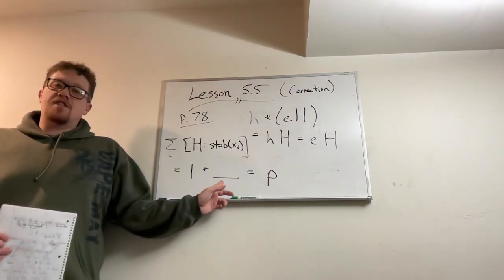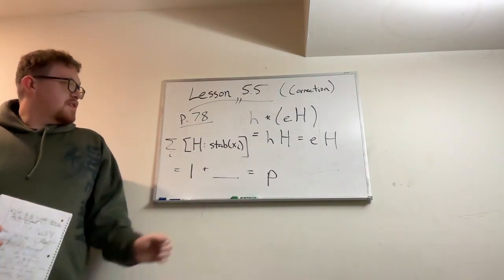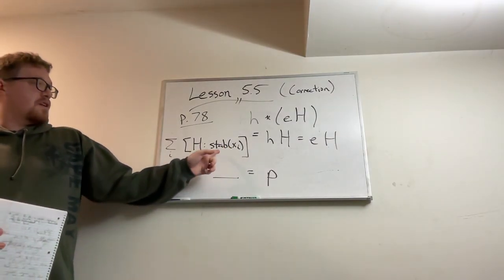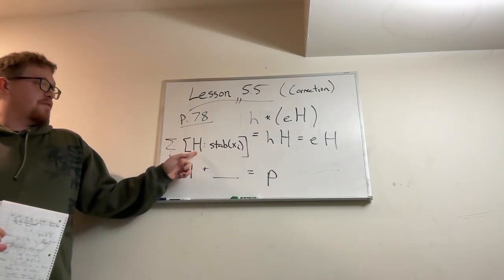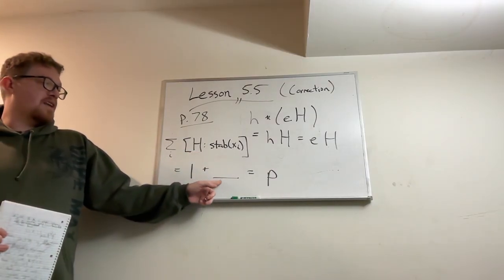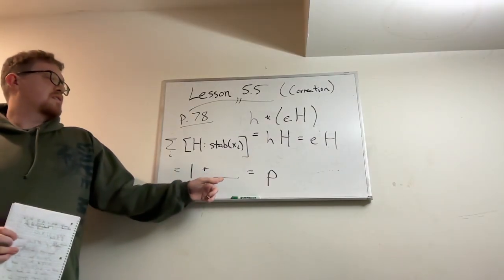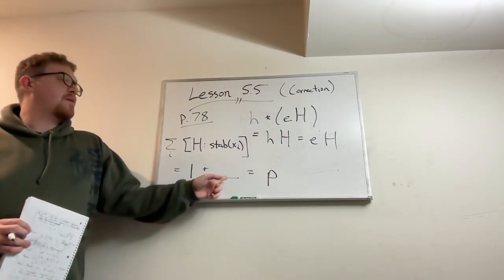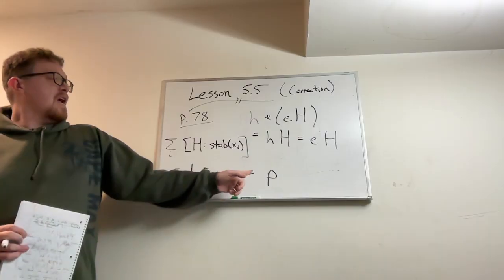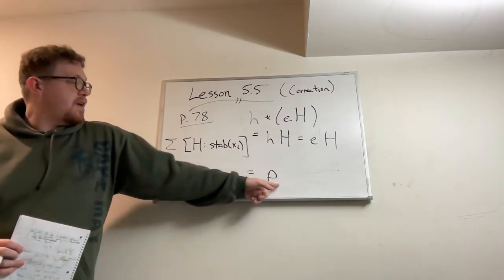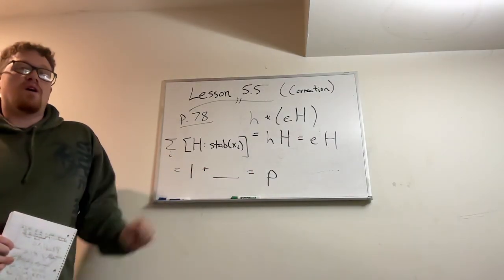And potentially we have a sum with many other elements here, but if any of these stabilizers are not the full group, then we would be adding numbers here that are at least size p. So we'd get 1 plus something at least as big as p plus something at least as big as p, and there's no way that can equal p unless all of these numbers are just 1.